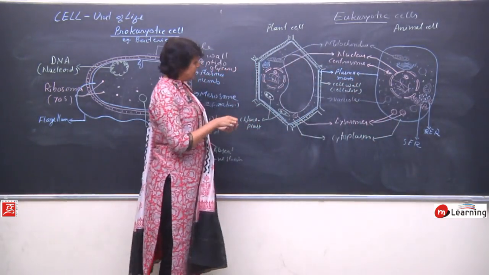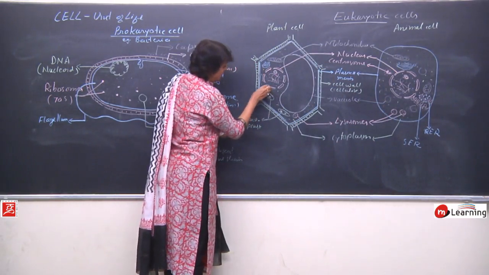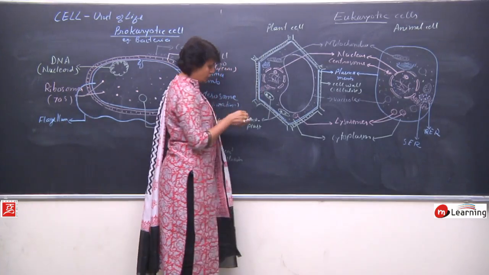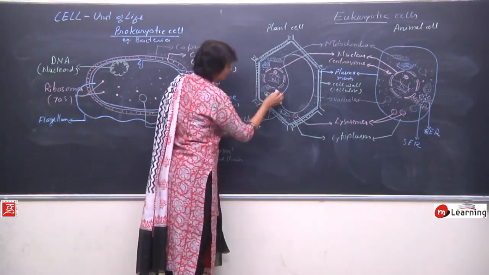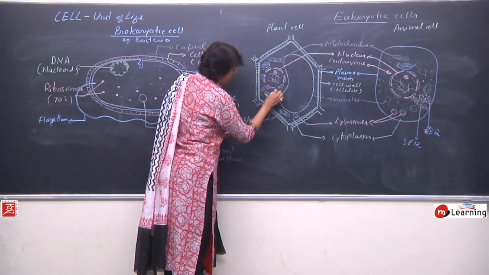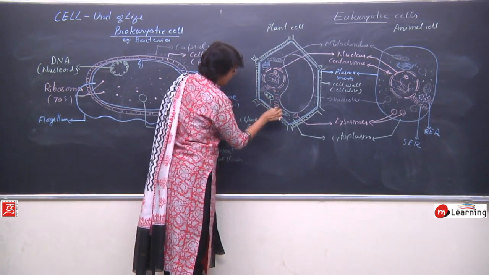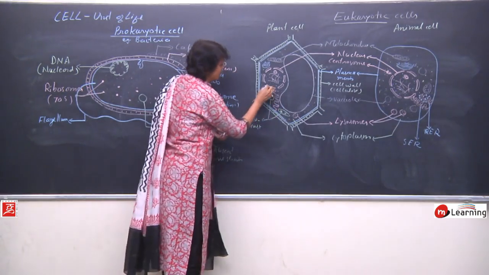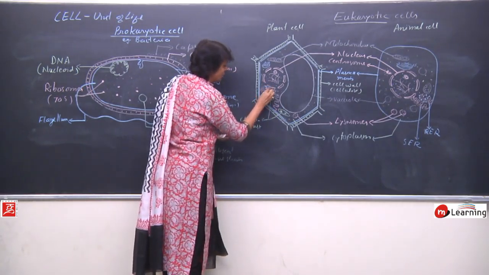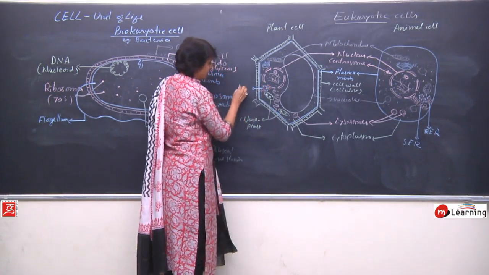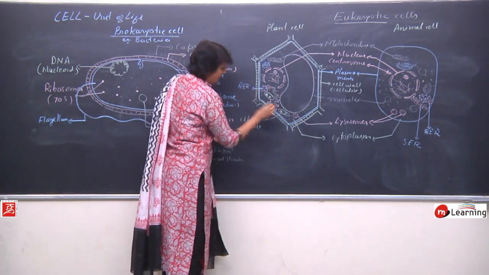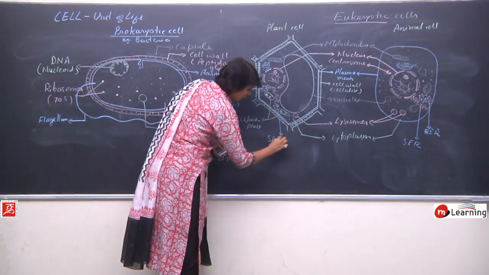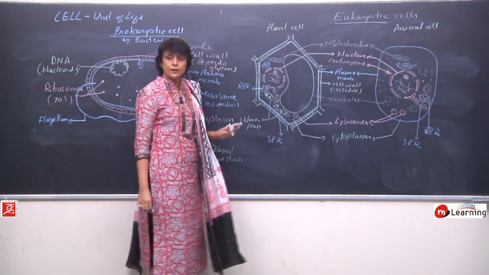Same would be in the plant cell. So here again the endoplasmic reticulum, a network of tubes, and let us draw one more. The one which is studded with ribosomes, that means ribosomes are attached on its surface, is the rough one, RER, and the one which is without ribosomes is the smooth ER, smooth endoplasmic reticulum.